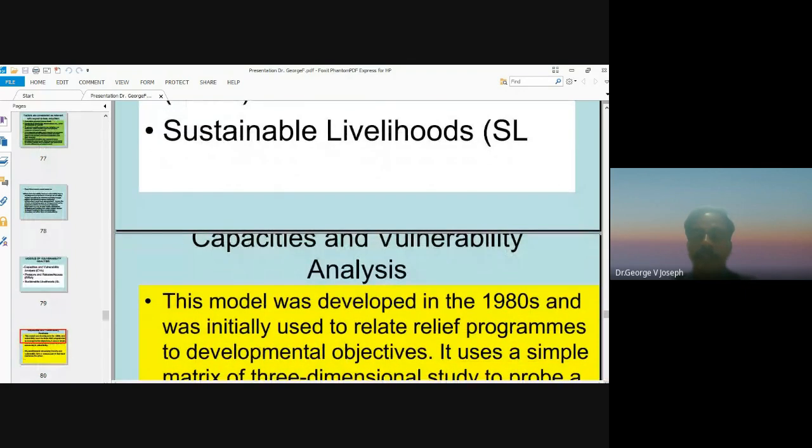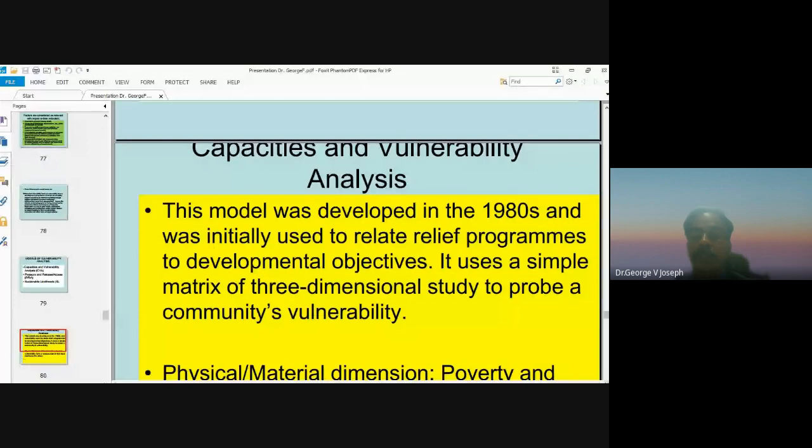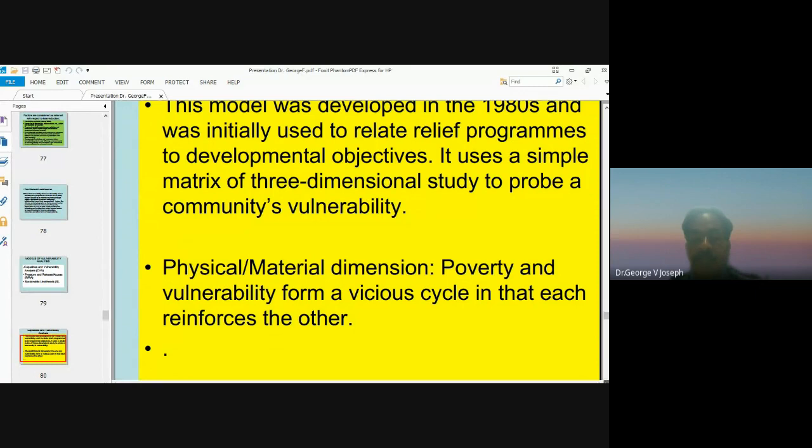Capacity and vulnerability analysis: this model was developed in the 1980s and was initially used to relate relief programs to developmental objectives. It uses a simple matrix of three-dimensional study to assess a community's vulnerability. They use physical vulnerability, how poor they are, or what the location is.